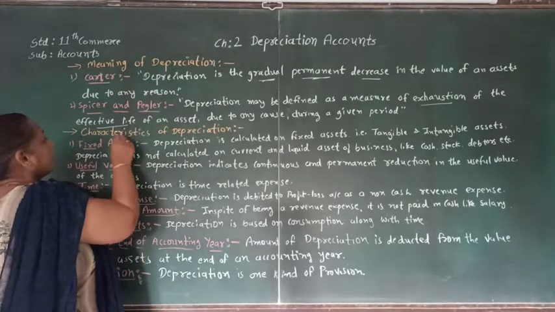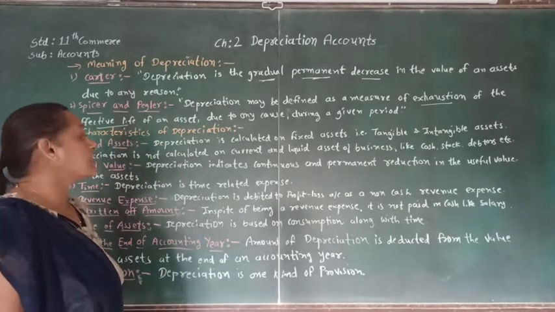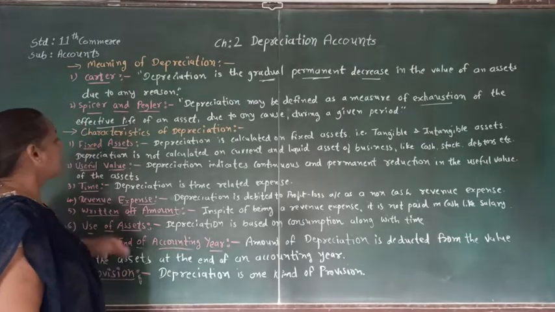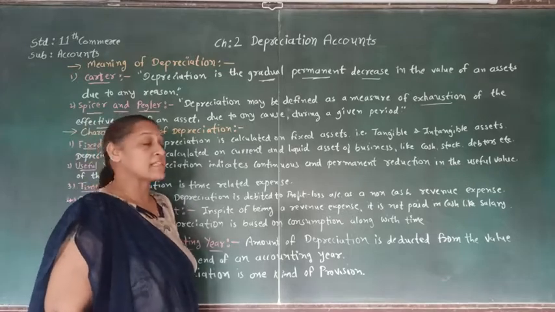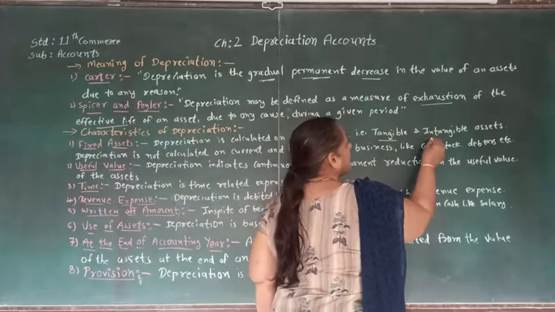Now the characteristics of depreciation are given to us, and the first is the fixed asset. Depreciation is calculated on fixed assets, which can be tangible or intangible.